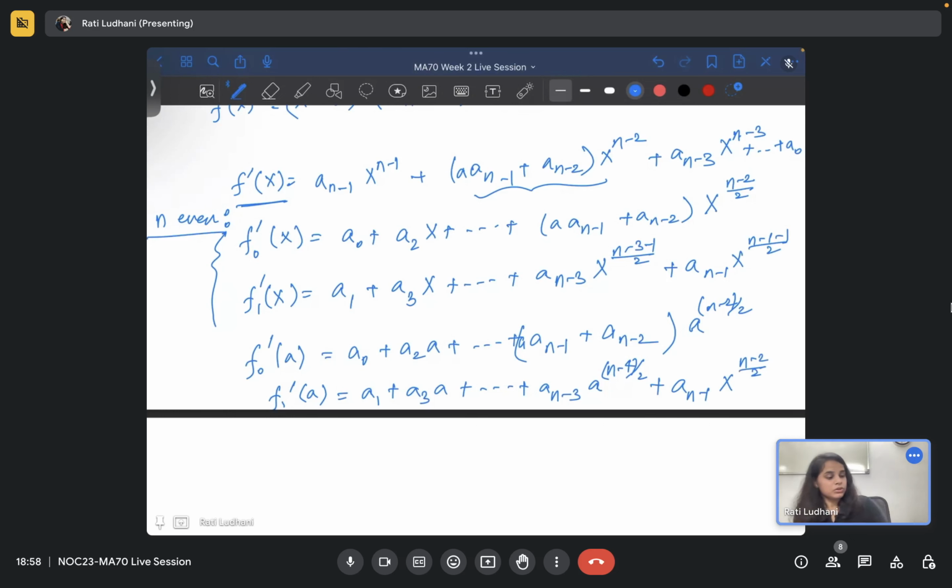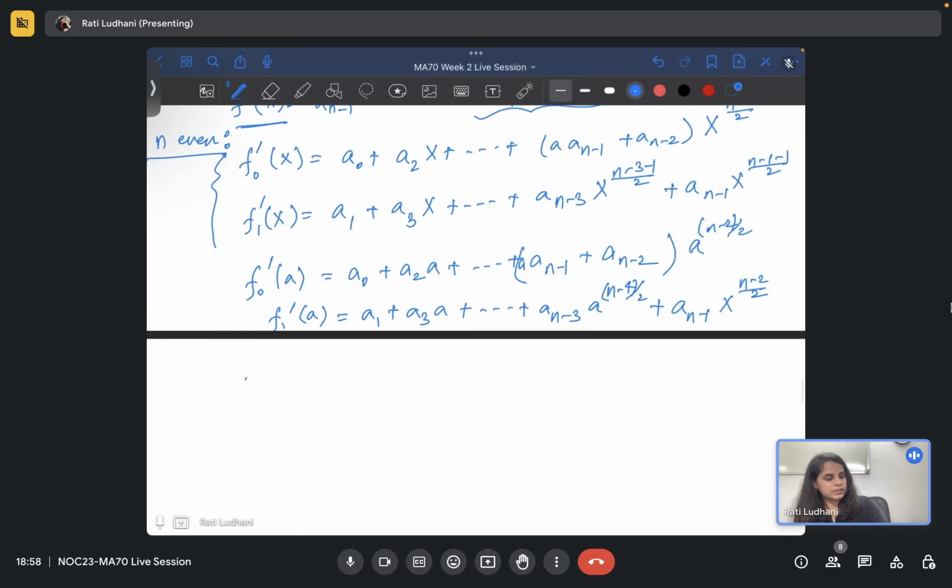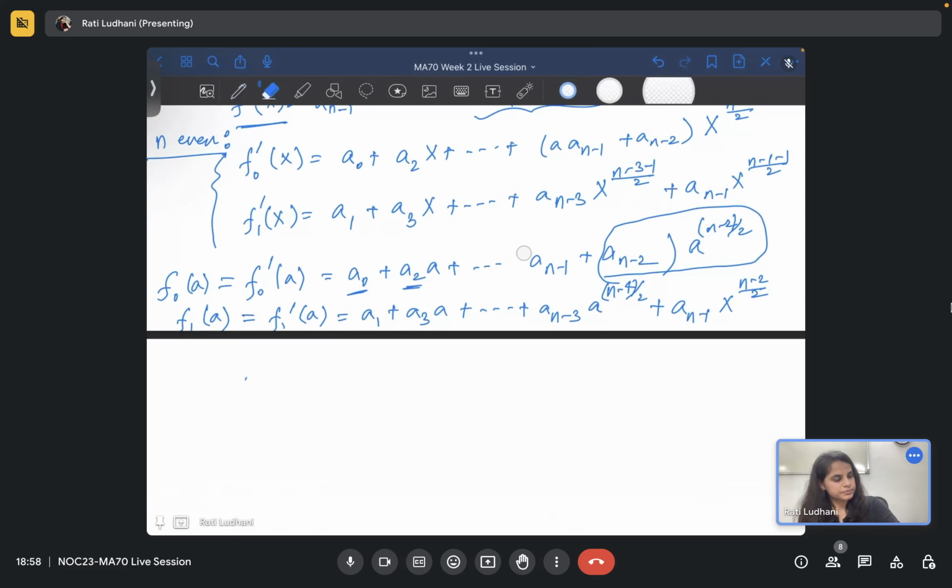Okay, note that these are equal to f0 of a, and this is equal to f1 of a, because what you have is a0, a2, and in the end a n minus 2 into a raised to power n minus 2 by 2, and you have this part, a into a n minus 1.